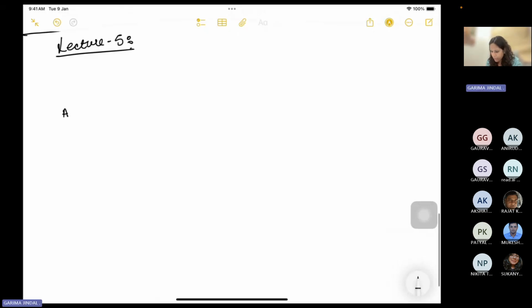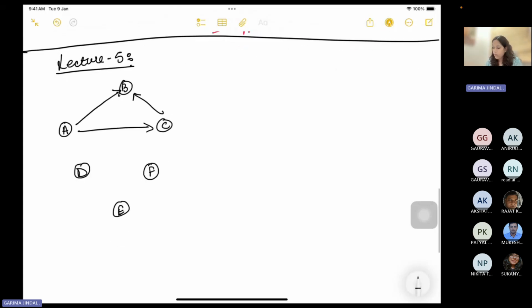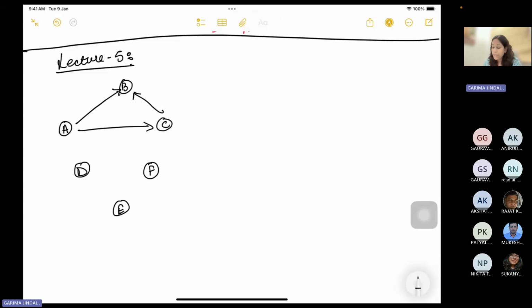Maybe I have A, then B, then C, then I have D, E, F. I would suggest that all of you note down this particular example and solve it along with me. The Dijkstra algorithm works for both directed edges as well as undirected edges.